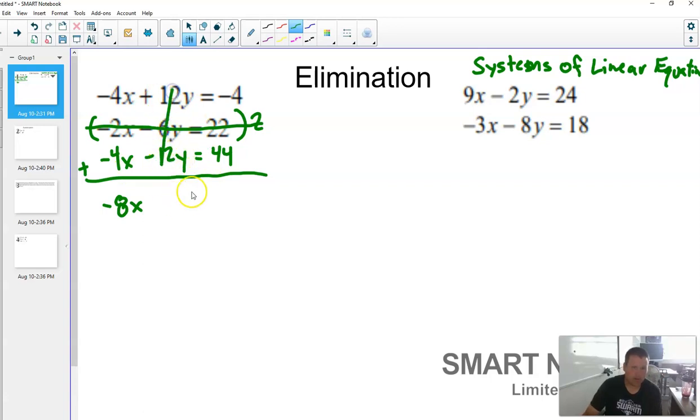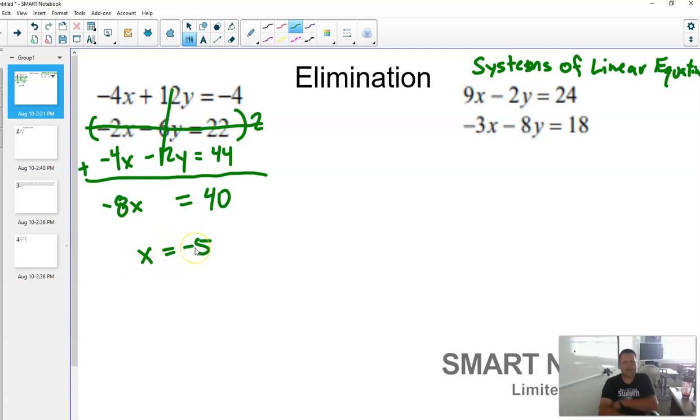So it eliminates that value. And then I have this equal to negative 4 plus 44, which gives me 40. And then I just have this nice equation with just one variable. That's why we're eliminating. From there, I can solve this. I just divide by negative 8, and I get x equals negative 5.